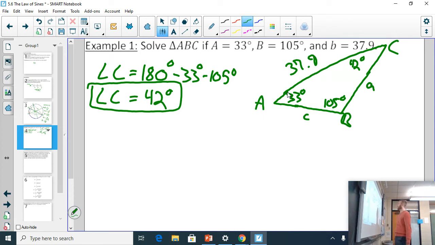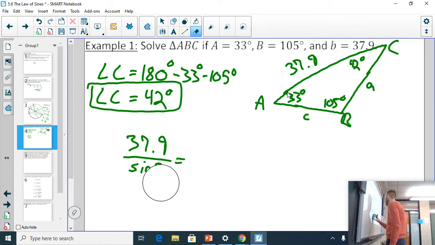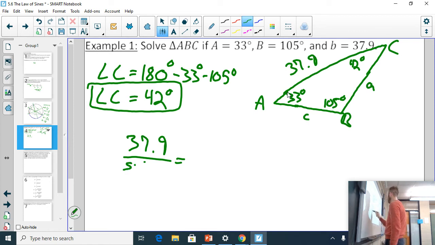And let's just use the law of sines that we have. And the first one that comes to mind is I have what angle B is and the side b. So I'm going to write that one first. And so that'll be 37.9 all over the sine of B, and we know angle B is 105 degrees given to us.